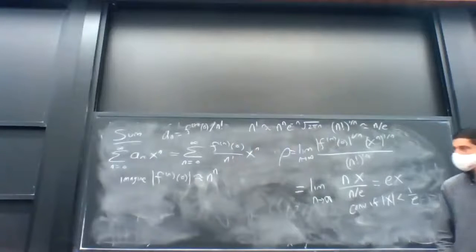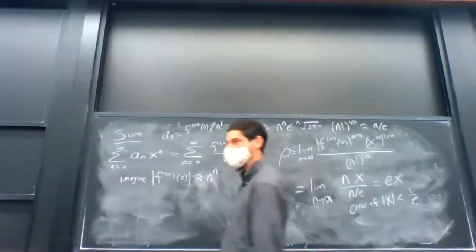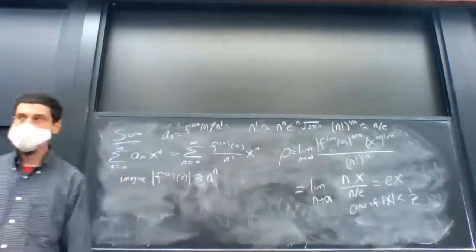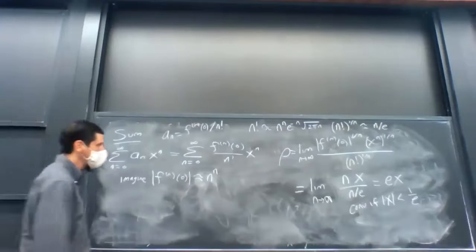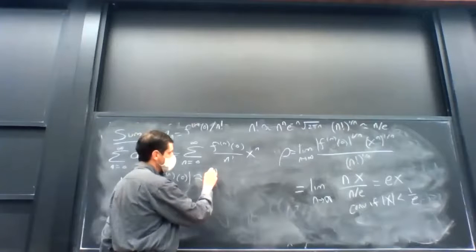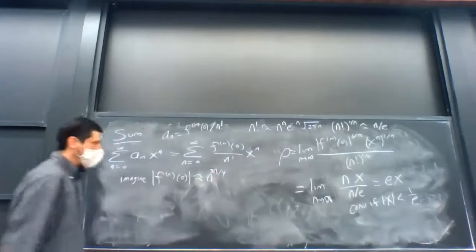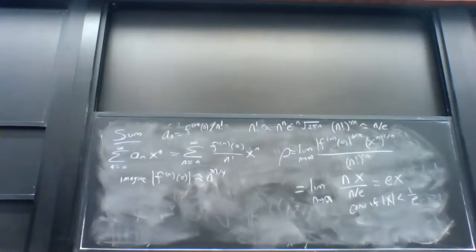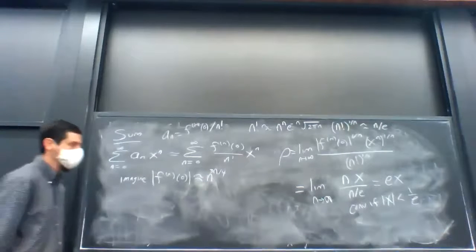Let's do one more tweak. Instead of saying it's growing as fast as n to the n, let's have it go a little bit slower than n to the n. Let's say it's about size n to the 3n over 4. And so if we do 3n over 4, it's large, but it's not going to be as large as n factorial.